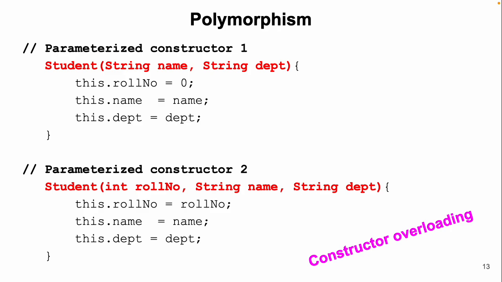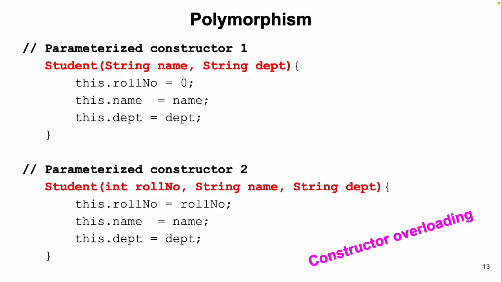We call this constructor overloading, because the constructor name is the same, Student, but the number of arguments is changed and the type may also vary. Suppose I have two-argument constructors, one with an integer and a string, and another with two strings or two integers.